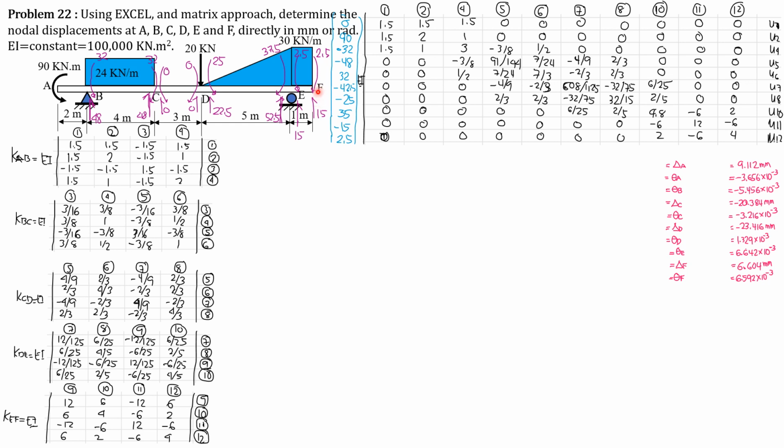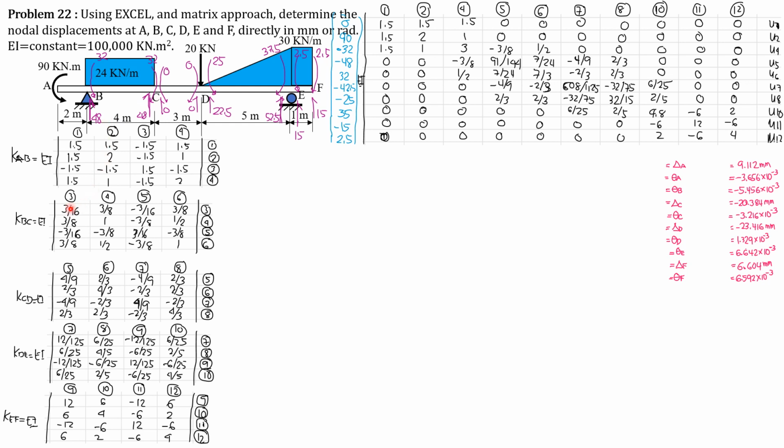So we now set up the global stiffness of each element or segment of the beam, AB. So this will be the stiffness, and I hope that there's no need to explain how to generate this global stiffness for a member. The numbering 1, 2, 3, 4, 1, 2, 3, 4. For BC, the length is 4.